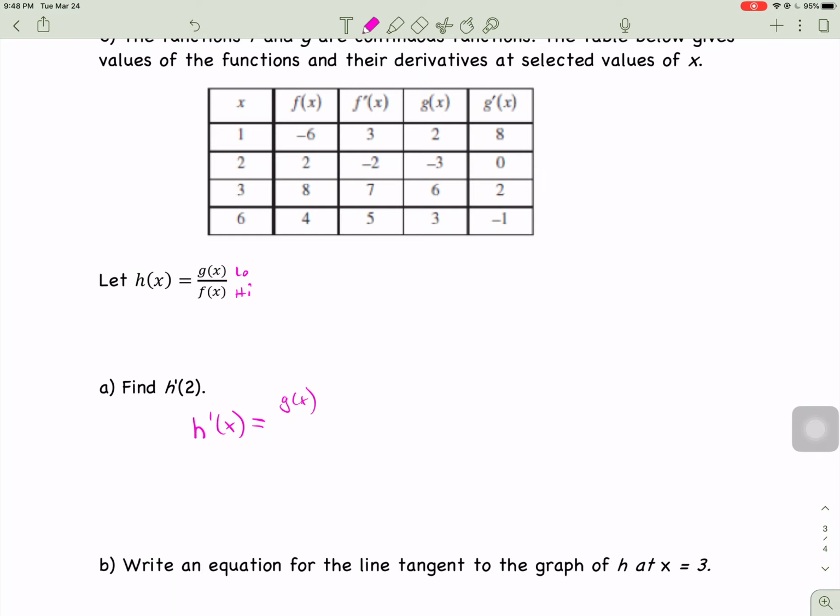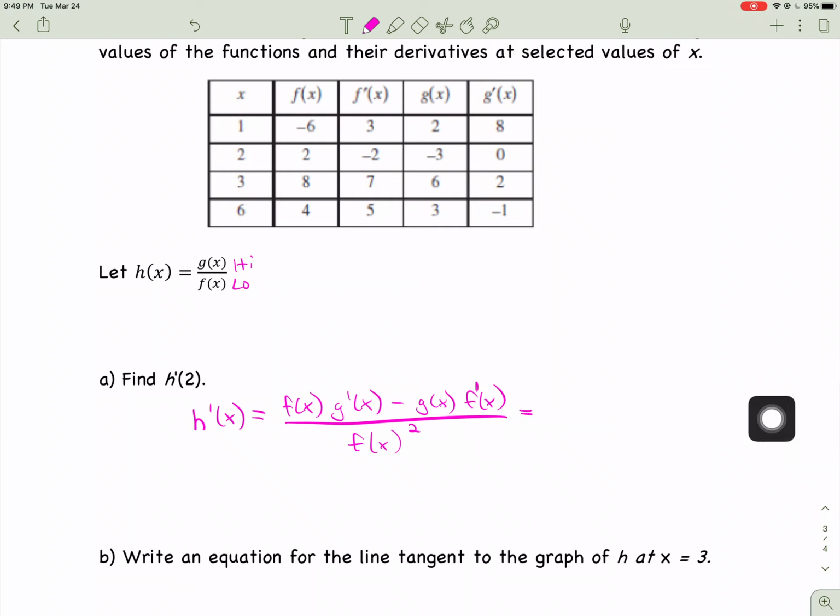Low, high. So low times the derivative of the high minus high times the derivative of the low, prime, over the low squared.